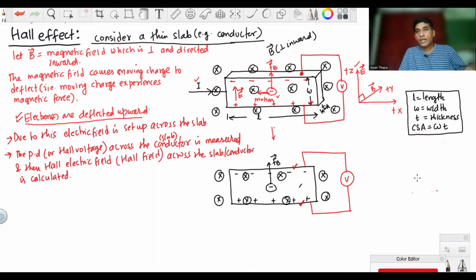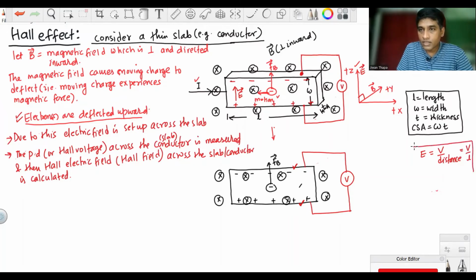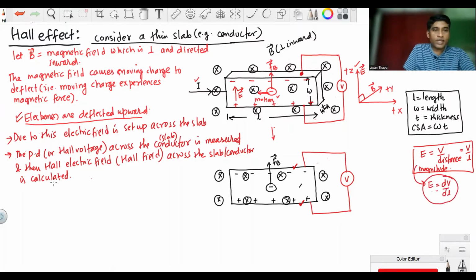We know electric field E equals potential difference by distance, V by L in magnitude, or we can write dV by dL in magnitude. So for the Hall field we get a uniform field.